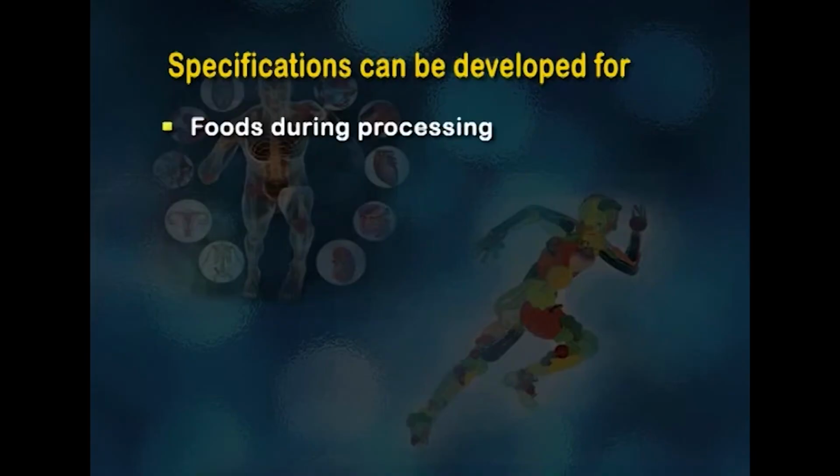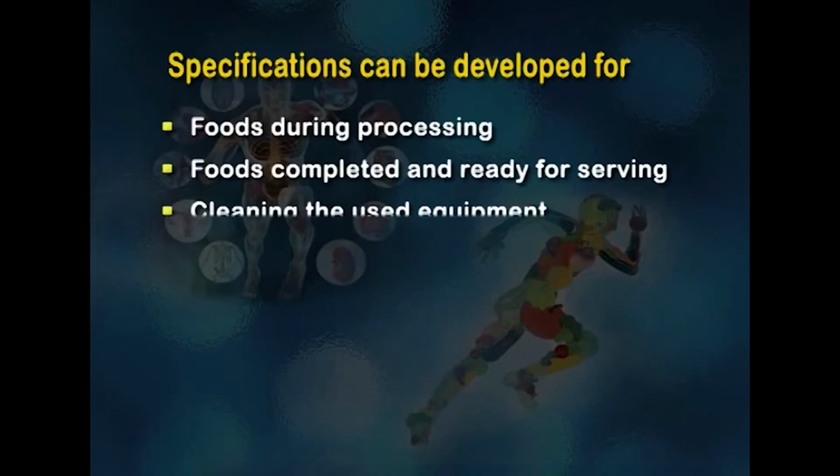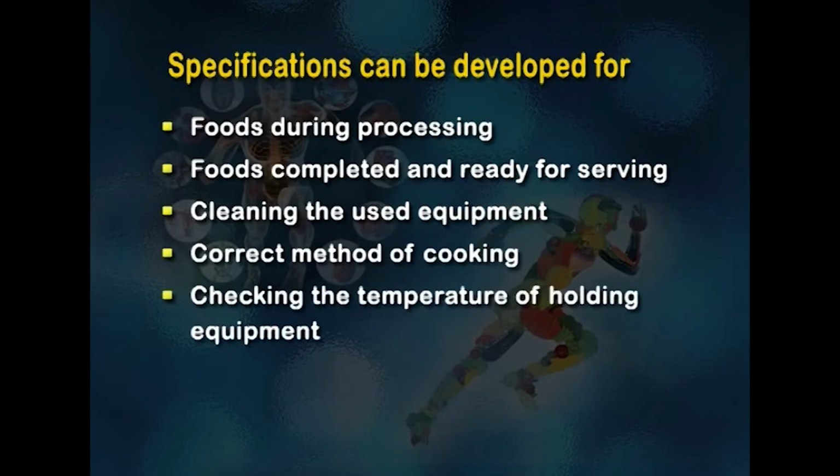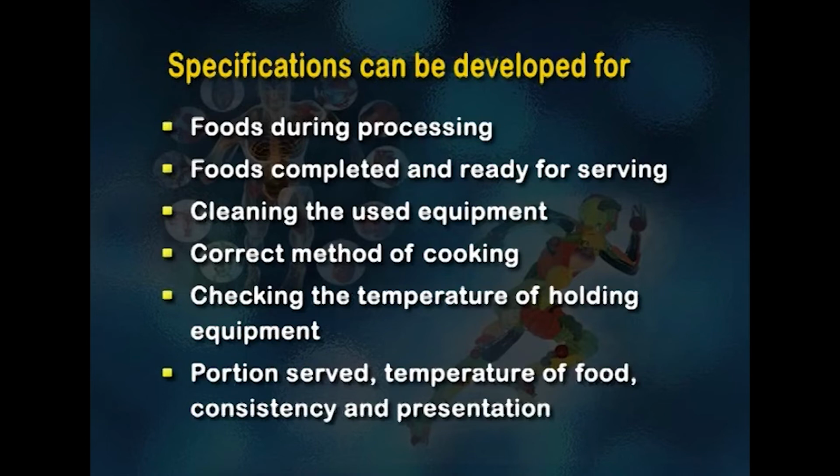is not accepted. Specifications can be developed for foods during processing, for foods completed and ready for serving, for cleaning and used equipment, for correct method of cooking, for checking the temperature of holding equipment, for portions served, temperature of food, consistency and presentation.